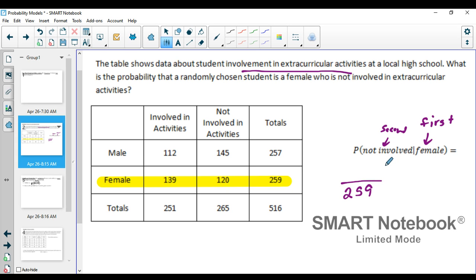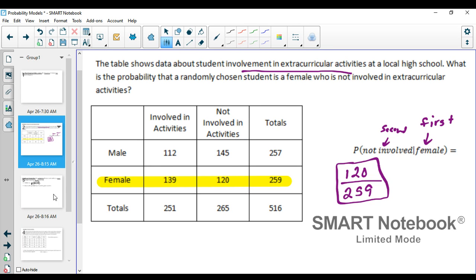And then we're looking at how many of those females are not involved in activities, which is 120. So 120 out of 259, and I'm about 99% sure that that does not simplify, and it does not. So the probability of choosing a female that is not involved in activities is 120 out of 259.